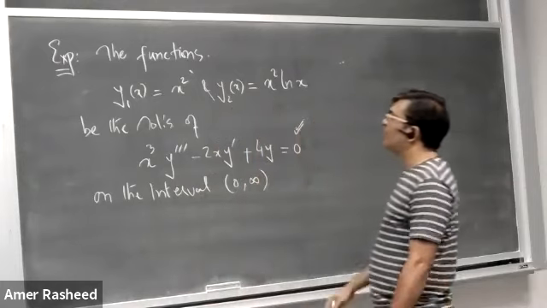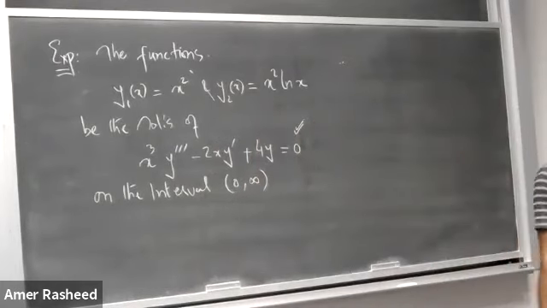Zero means it is a homogeneous equation. Now these are two solutions of the third order homogeneous differential equation.